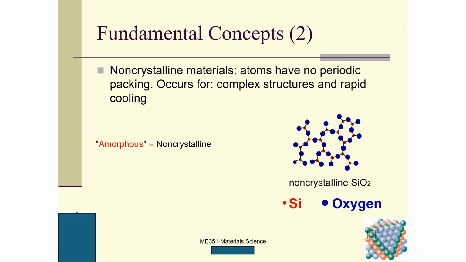Because of the high cooling rate, we finally get an amorphous metal. That's the reason we call it bulk metallic glass. I will talk about this later in our class.